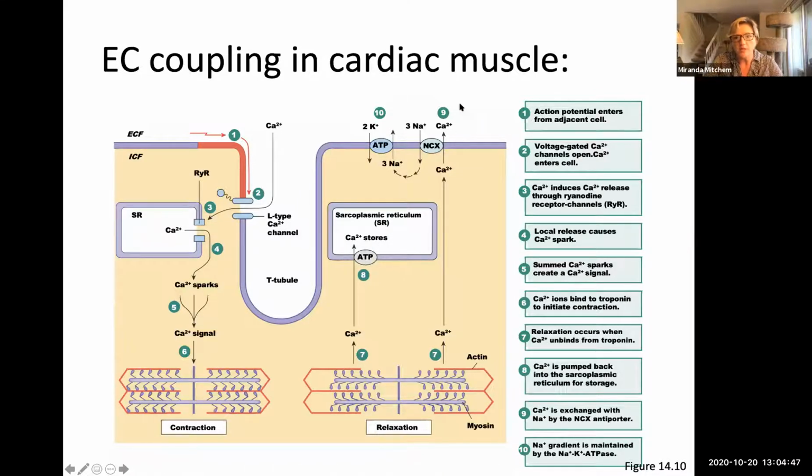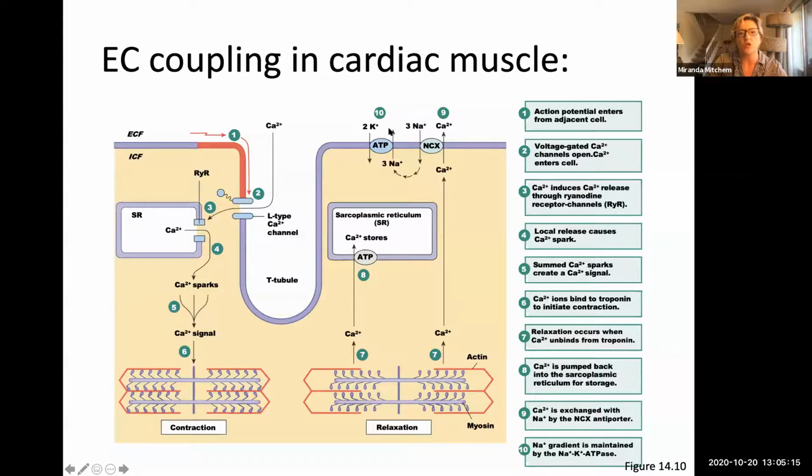So calcium pumps into the sarcoplasmic reticulum. We're going to move up to step 9 here. We also have calcium that goes through the sodium calcium exchanger. So calcium goes out to the extracellular environment and in come 3 sodium. Those sodium then interact with the sodium potassium pump that we learned about earlier in the semester, where we take those 3 sodium and pump them out against their gradient.